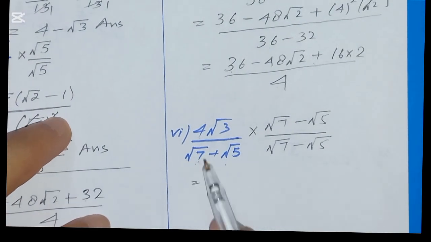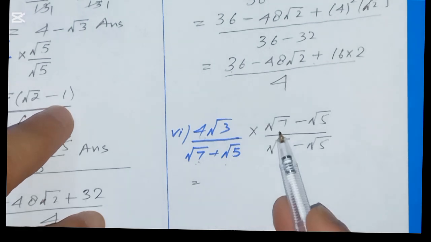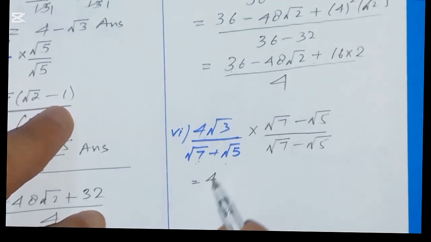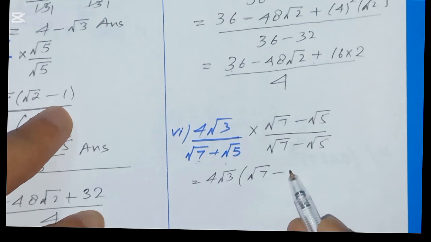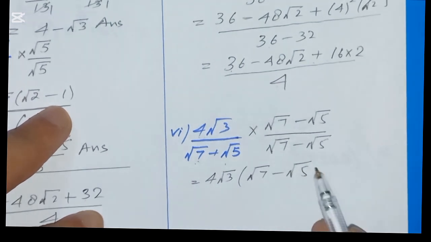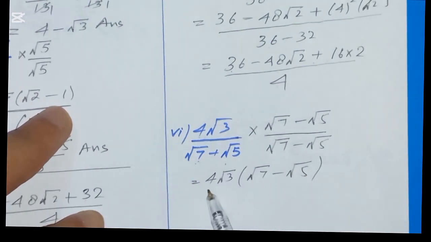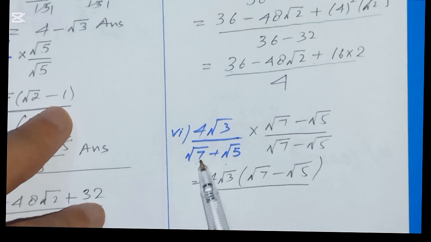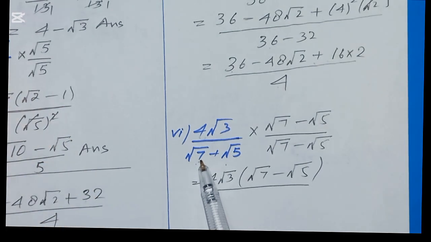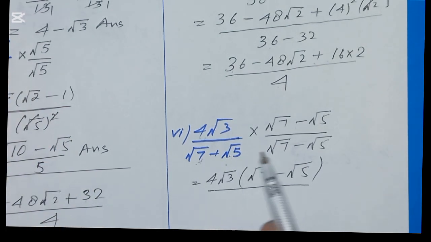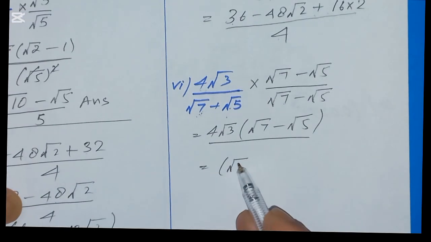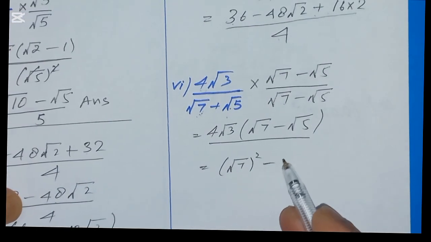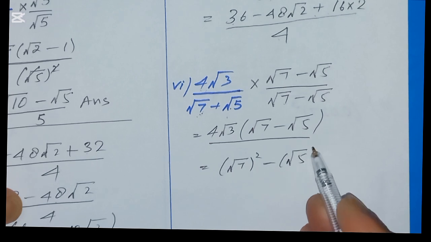So now numerator multiply with numerator, 4 under root 3 multiply under root 7 minus under root 5, divided by, in denominator we use once again the algebraic identity, first term plus second term, first term minus second term. It will be equal to first term square minus second term square.